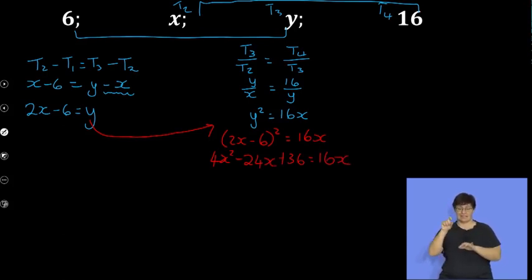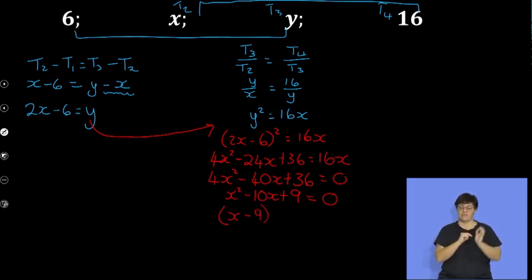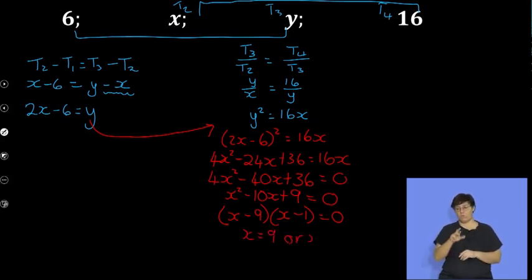I'm now going to move the 16x over to the left-hand side, so I'm going to have 4x squared minus 40x plus 36. To make this trinomial a bit easier, I'm going to divide by 4, so I'm going to have x squared minus 10x plus 9. This trinomial can be factorized to be x minus 9, x minus 1. So x is equal to 9, or x is equal to 1.